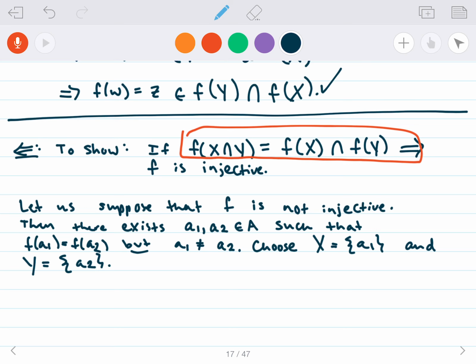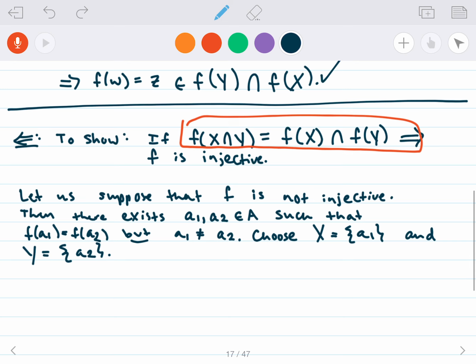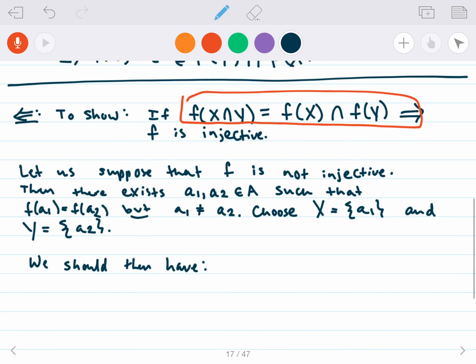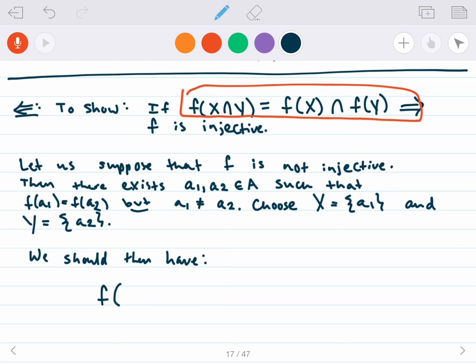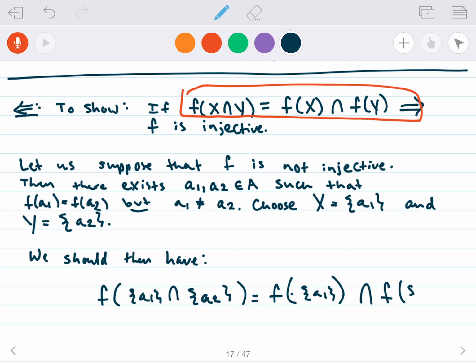So by our set equality up here, what does that mean? Well, this means that f of X intersect Y is going to be the set {a1} intersect the set {a2}, and that should equal f of {a1} intersect f of {a2}.